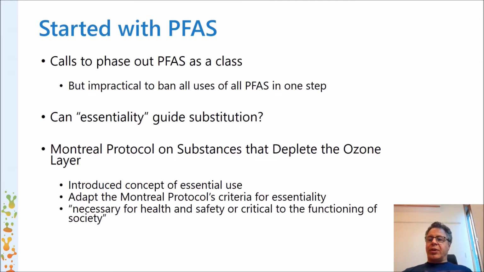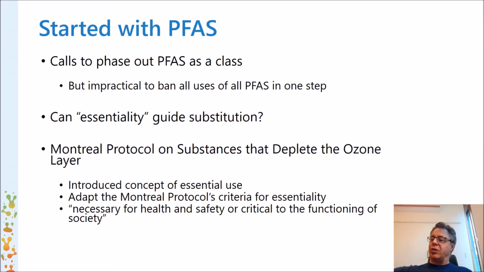We started to consider whether essentiality could guide the phase out. In other words, we might be able to phase out so-called non-essential uses rapidly and allow the essential uses to continue until safer alternatives are developed. But how do we define essentiality and sort out the essential and non-essential uses? Luckily, someone had already thought about this.